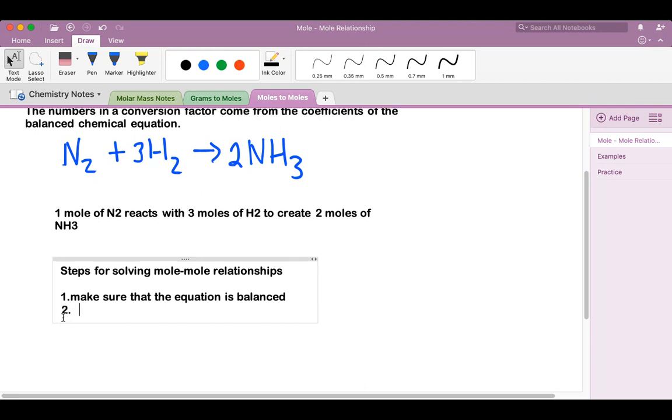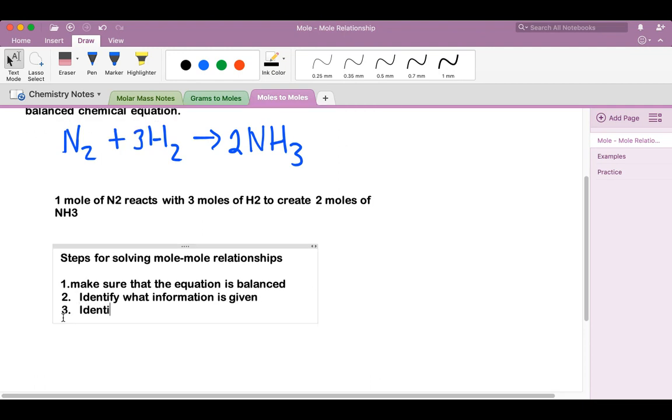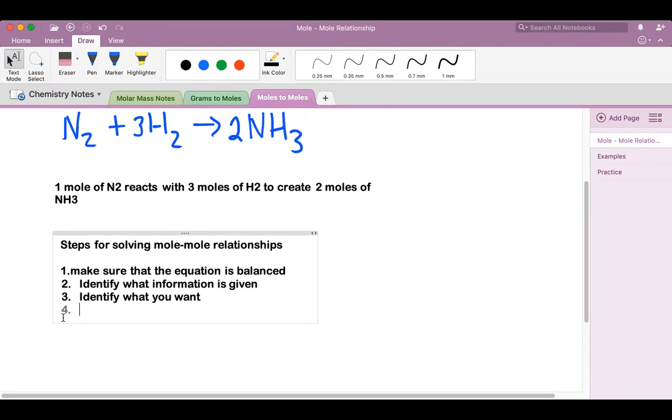Step 2, identify what information is given. Step 3, identify what you want. Step 4, identify what you know. And for this one, what you know is the mole ratio. So what coefficient is in front of each compound or molecule or element.